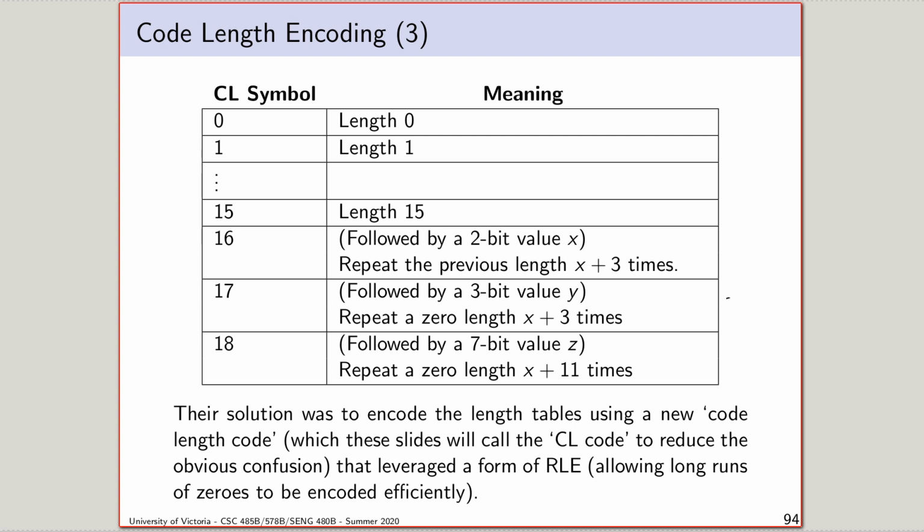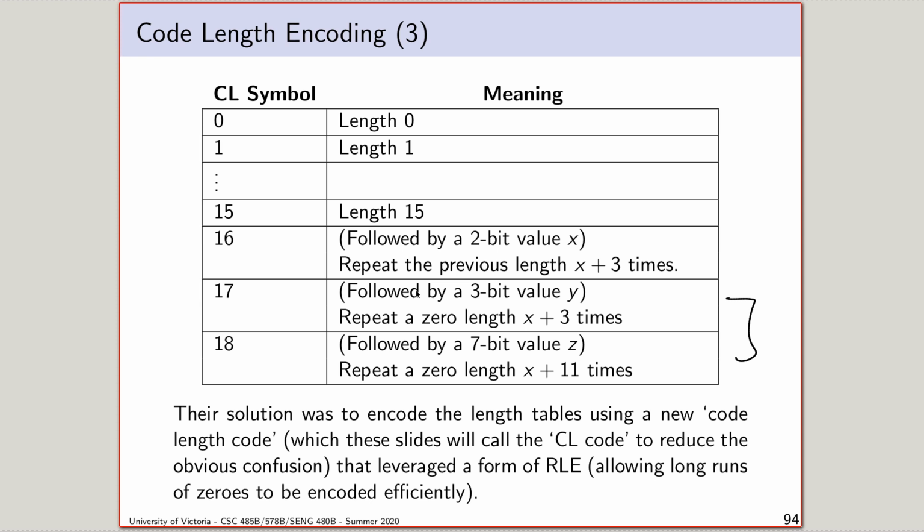And then there are these 2 special symbols just for zeros to predict the fact that, yeah, we're probably going to have cases where our code tables have large runs of zeros in them because we never see large numbers of different symbols. So this has nothing to do with the previous length. Code 17 in any context means repeat a 0 x plus 3 times. And I give you a 3-bit value, which means you could repeat it anywhere between 3 and 11 times with code 17.